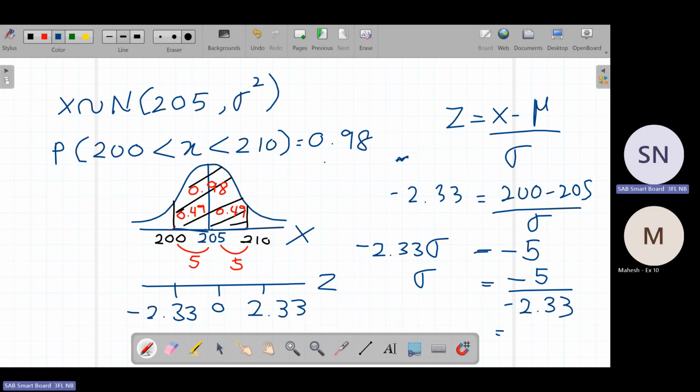Standard deviation cannot be negative values. Sigma is 2.15. Then if you use the plus 2.33, you can get the same answer, okay?